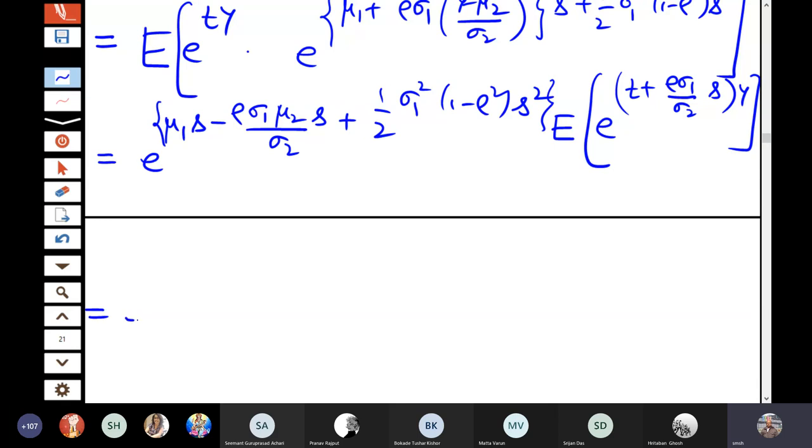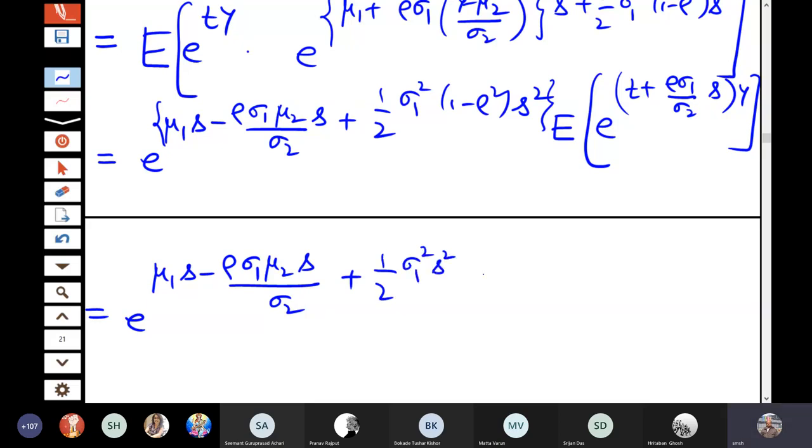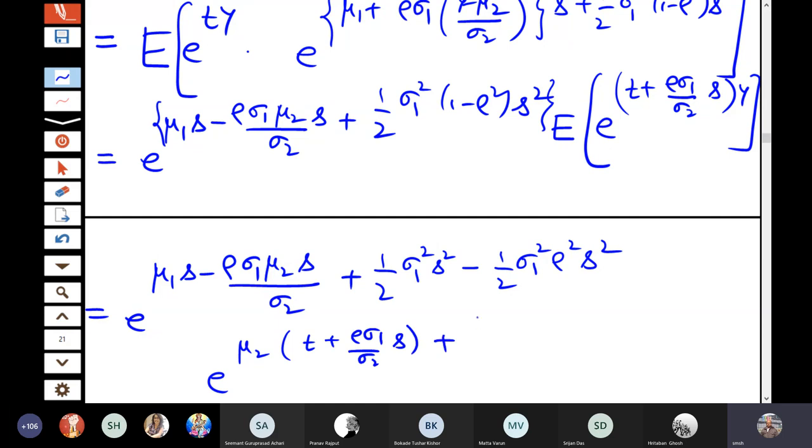So this is nothing but e to the power mu1 s minus rho sigma 1 mu2 by sigma 2 s plus half sigma 1 square s square minus half sigma 1 square rho square s square, and this moment generating function is e to the power mu2 into t plus rho sigma 1 by sigma 2 s, plus half sigma 2 square into t plus rho sigma 1 by sigma 2 s whole square.